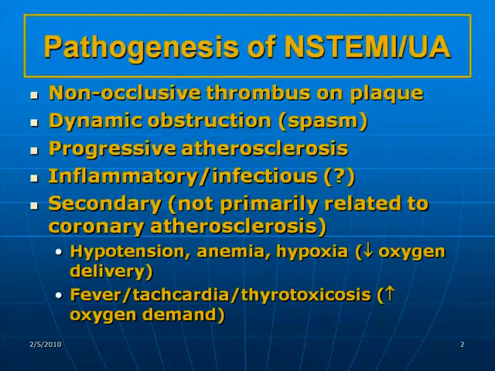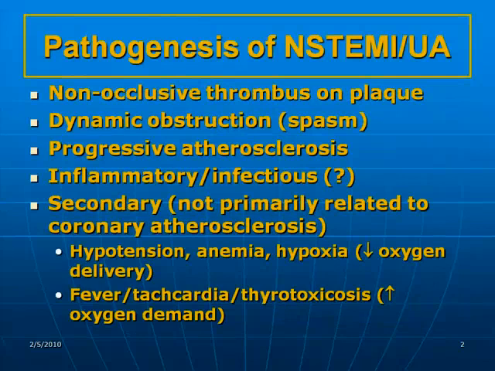If we go to slide 2 in the presentation, the pathogenesis of non-ST segment elevation MI or unstable angina is actually, for the most part, the same as STEMI. Patients have significant atherosclerotic plaque. That plaque ruptures.